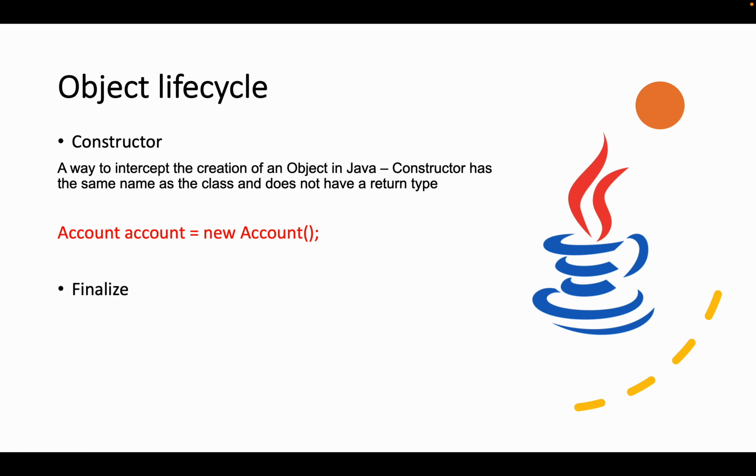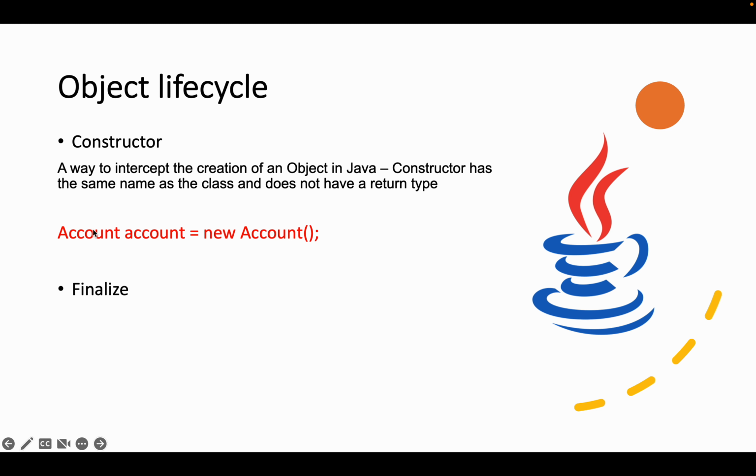Then object lifecycle. We mentioned that a constructor is a way to intercept the creation of an object in Java. A constructor has the same name as the class and does not have a return type.